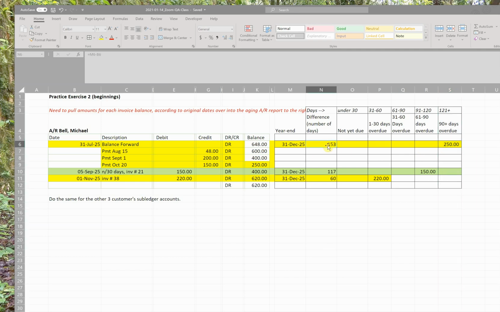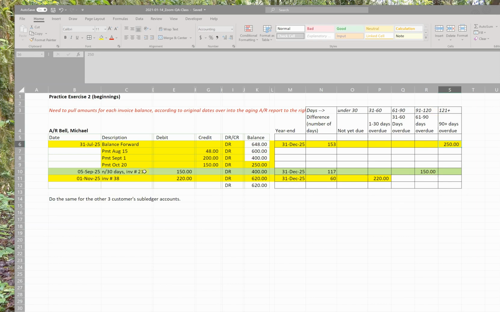So when we have 153 days, well, we want to look at the number of days that apply to that aging period. So 90 plus days overdue means that there is 121 or more days since that invoice date. So that falls in there.